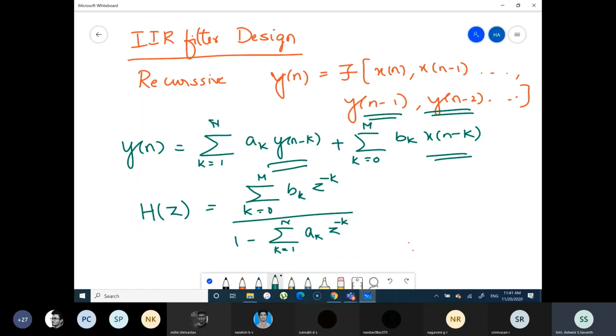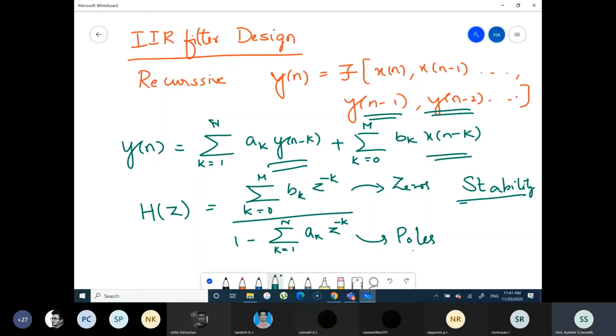So this means that the numerator polynomial corresponds to the zeros of the transfer function and the denominator polynomial corresponds to the poles of the transfer function, isn't it? Therefore, in an IIR filter, both zeros and poles would exist. In such cases, the stability of the filter becomes a problem.